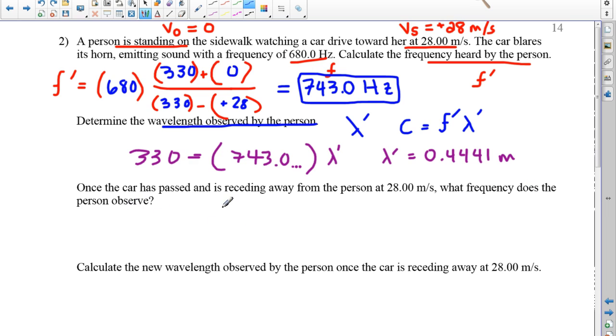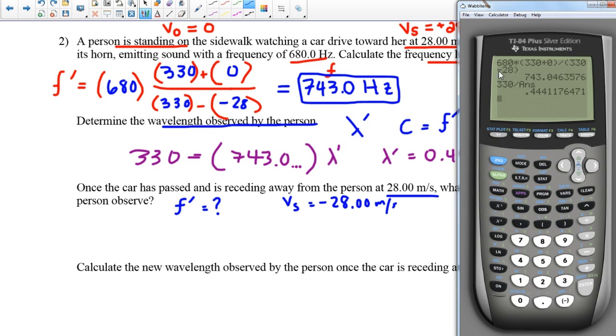Okay. Once the car passes and is receding away at 28 meters per second, now what's the new frequency the person observes? So we're finding f prime again, but now the car is receding at 28, which means the source speed is negative 28 meters per second. So the calculation is the exact same. I'm not going to write it out again. I just want to point out, instead of subtracting a positive, now we have to subtract a negative. And those are going to combine to make 330 plus 28.